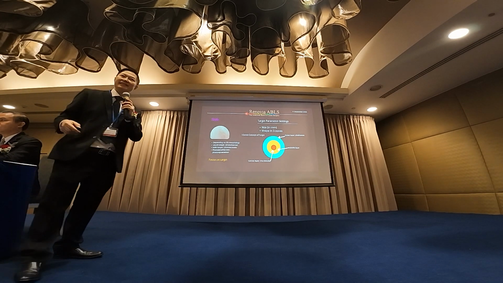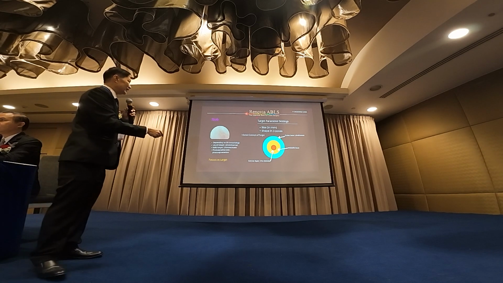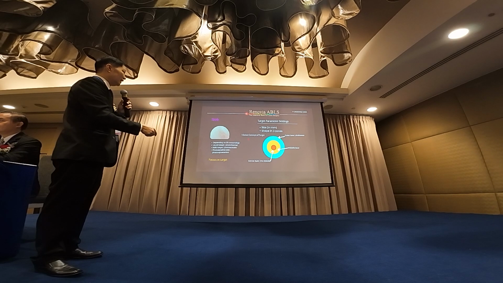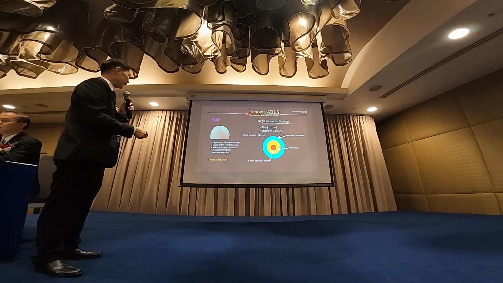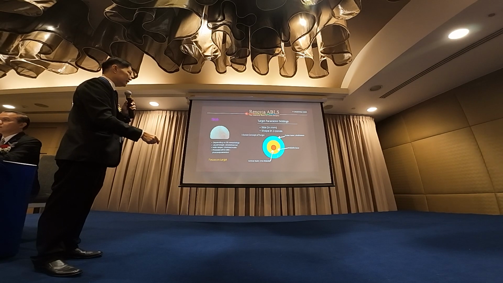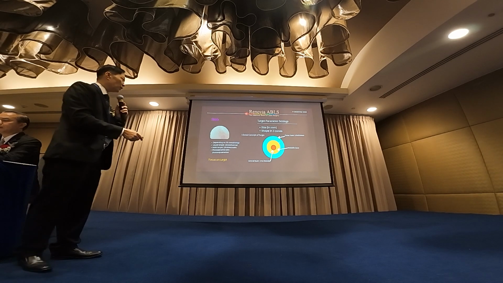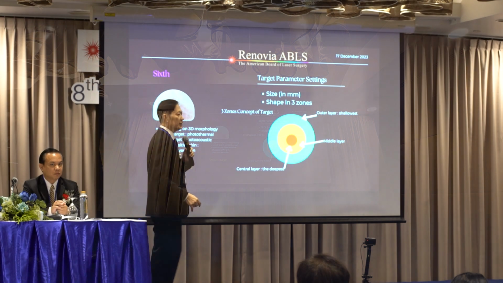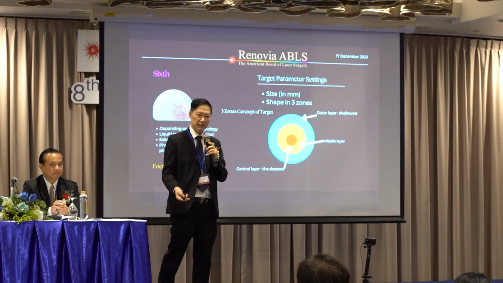But in reality, for each target, the sixth thing you have to consider is the size in millimeters, and you divide it into 3 zones: the outer zone, the middle zone, and then the center zone, which is the deepest one.